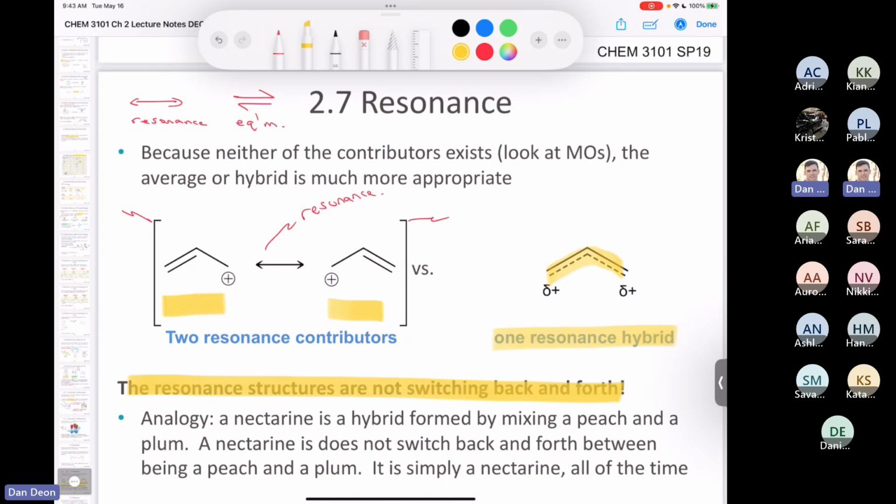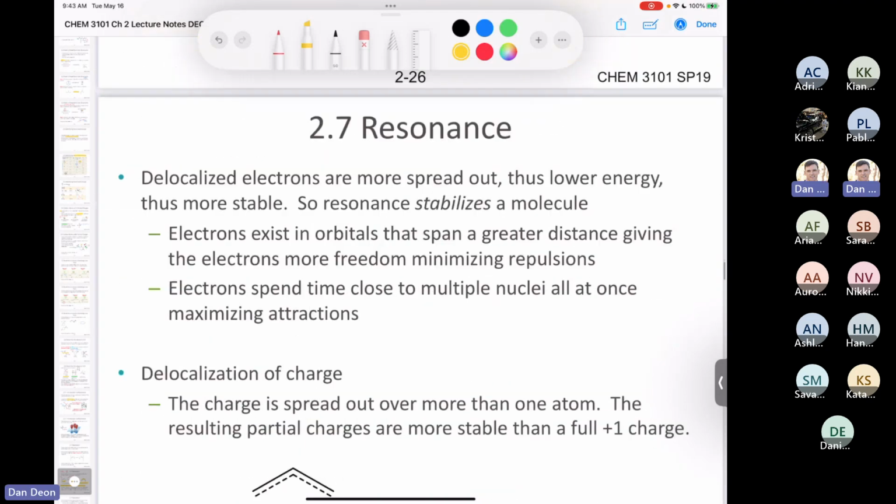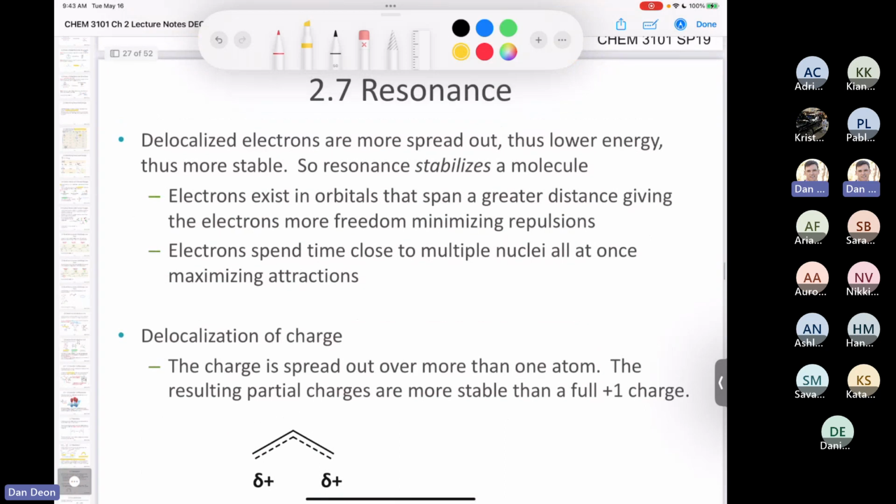Again, what we're trying to do is draw something on paper that is complex. It's not that simple that we can just draw one structure and say, this is it. We have to draw 2 structures and say both of these contribute to the resonance hybrid. All right. So it says delocalized electrons are spread out and thus lower energy. What resonance does is it stabilizes a molecule.